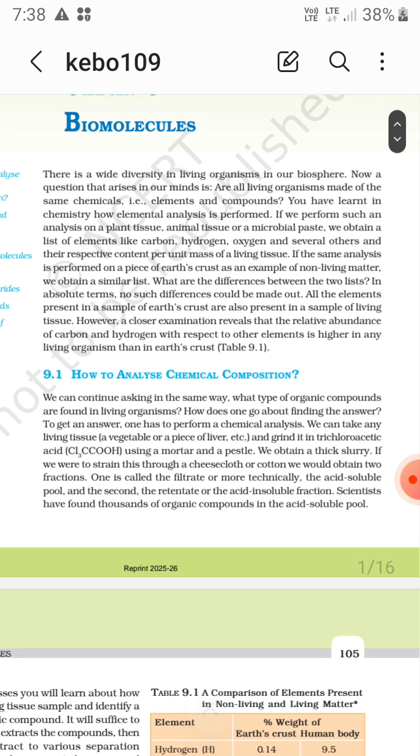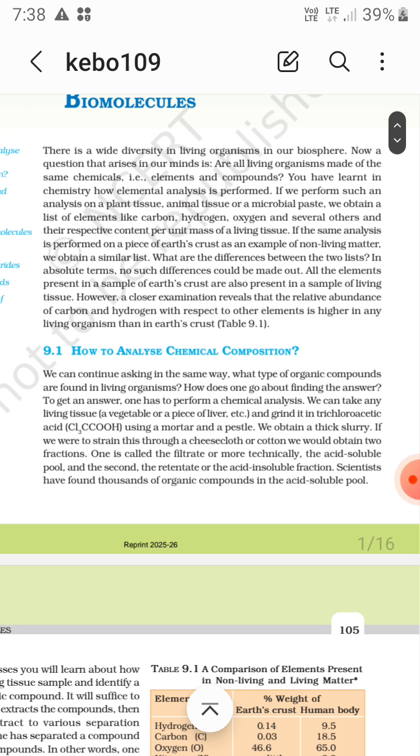Are all living organisms made up of the same chemicals, that is elements and compounds? If the same analysis is performed on a piece of Earth's crust as an example of non-living matter, we obtain a similar list.